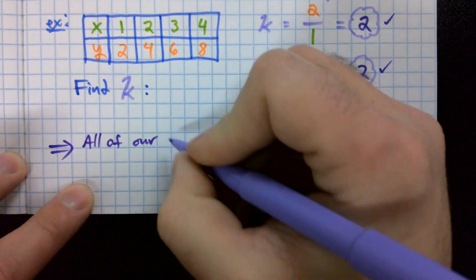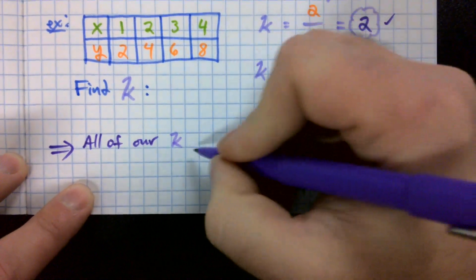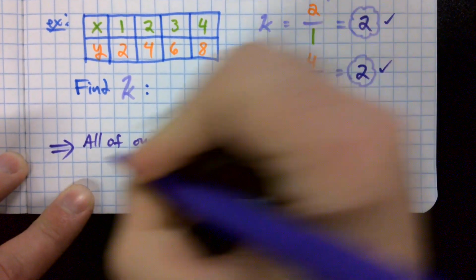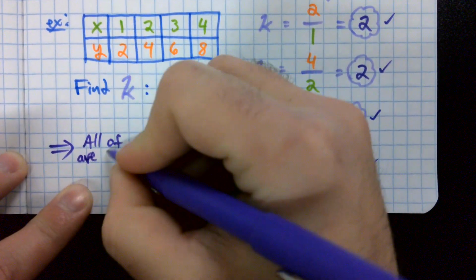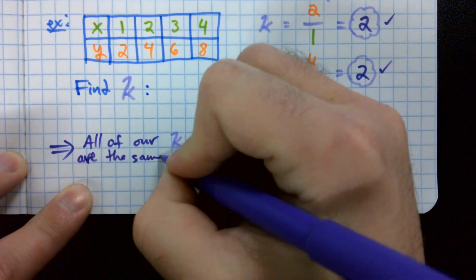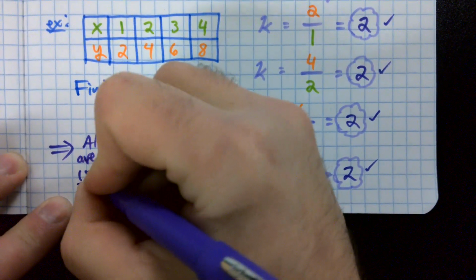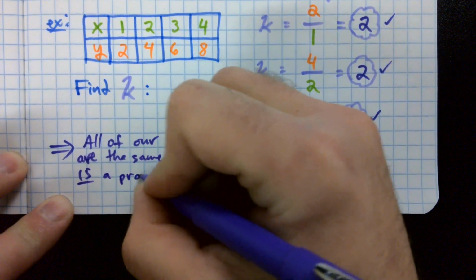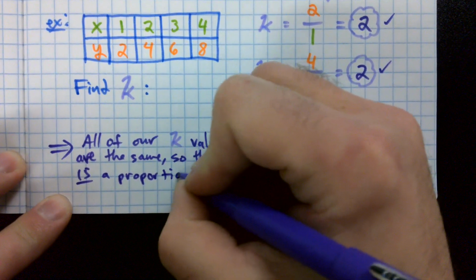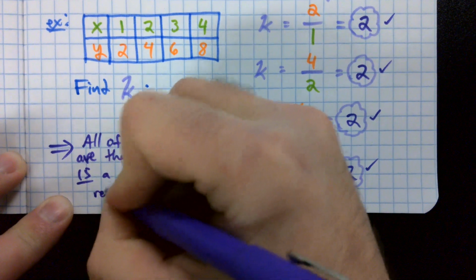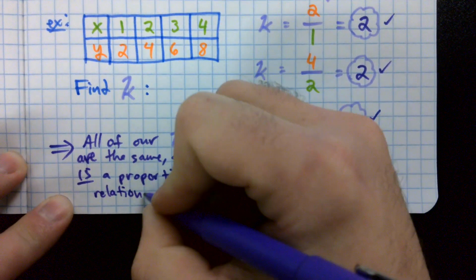So we can say all of our k values are the same. So this is a proportional relationship.